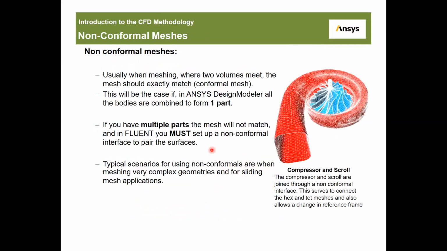Non-conformal mesh. If you have several volumes or several solids in your meshing, the mesh sepatutnya conform lah. The mesh should conform to each other. This will be the case if in the CAD design model all the bodies are combined to form one part.